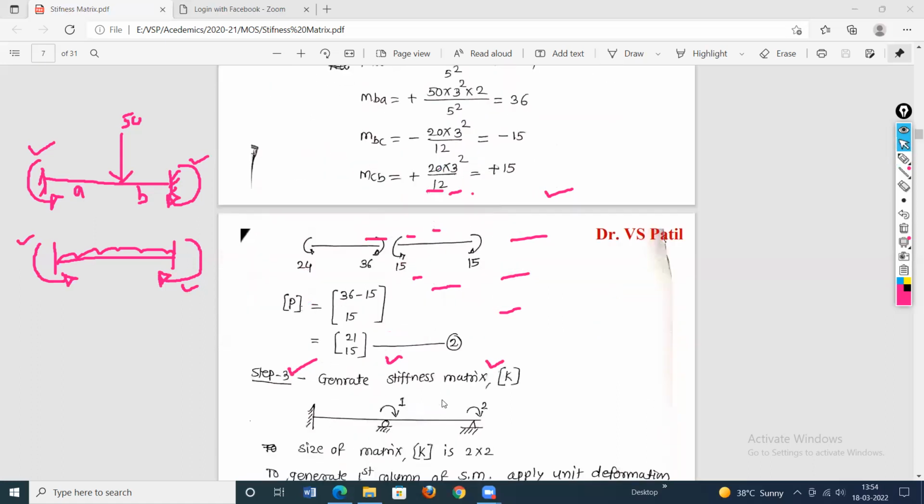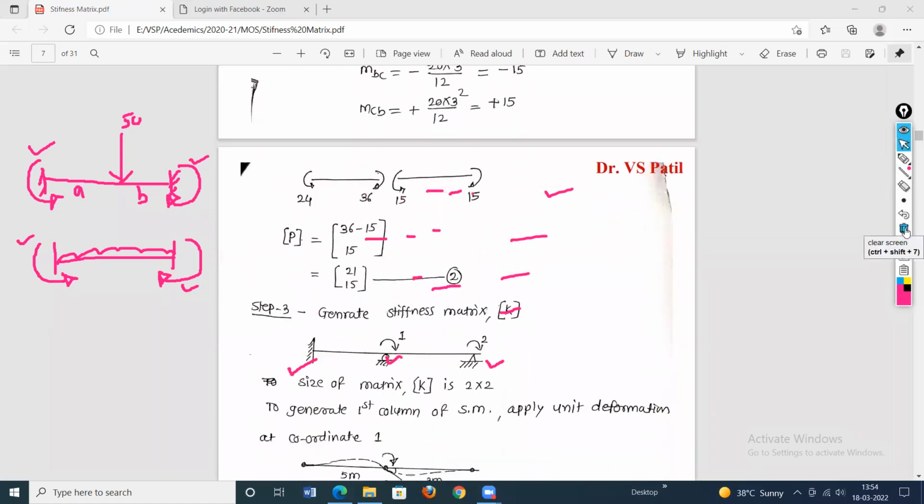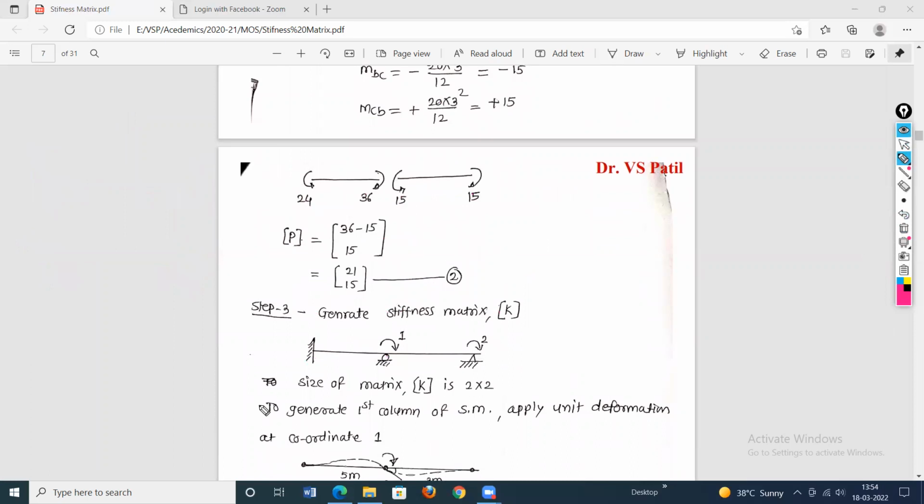Then we can write the elements in the load matrix. Now this is the load matrix. Here there are two elements. This element is the fixed end moment or restraining moment at coordinate 1. Our coordinate 1 is at B. So how many moments are there? This is a common joint for both spans, so there are two moments.